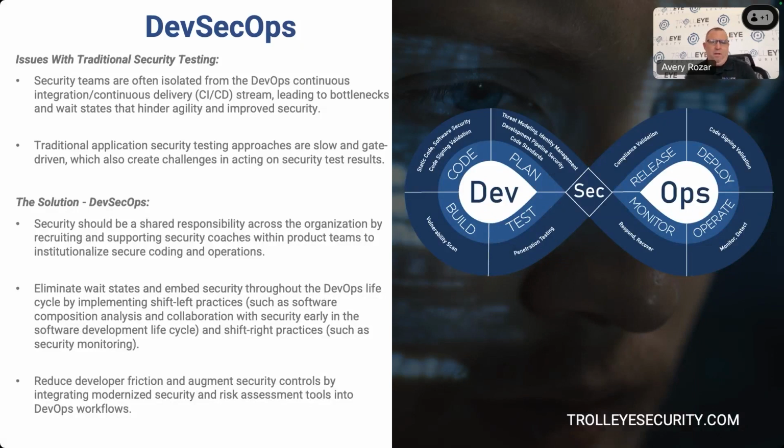As I researched better solutions to keep up with a growing development team and very fast-paced development cycles and sprints, I found that the solution really is DevSecOps. It's a more collaborative approach. The responsibility of cybersecurity is shared across the teams, it reduces developer friction, and you're integrating cybersecurity into all the DevOps flows while eliminating the wait states found in traditional testing.